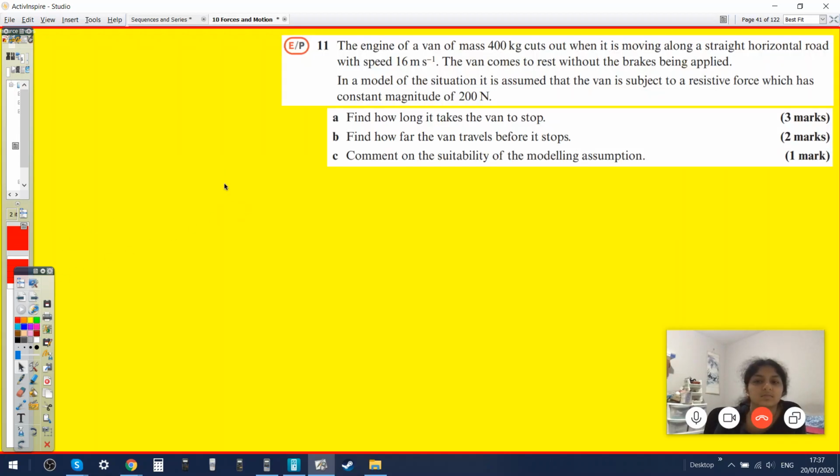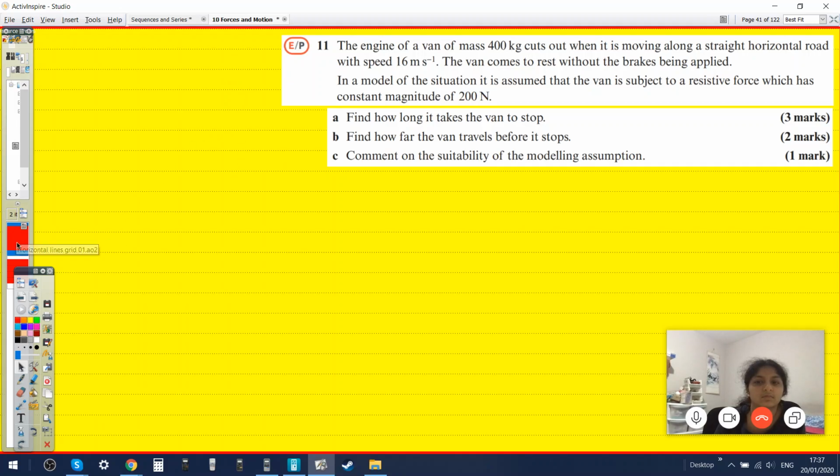So there's a little something extra in this one. How do we do this? So the force diagram first, always. So you have 400g going down.